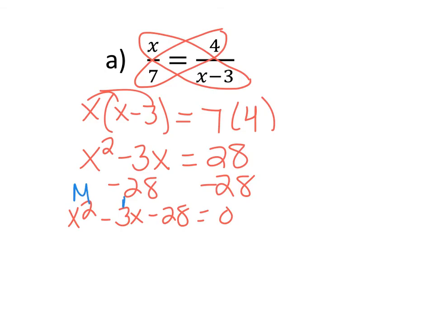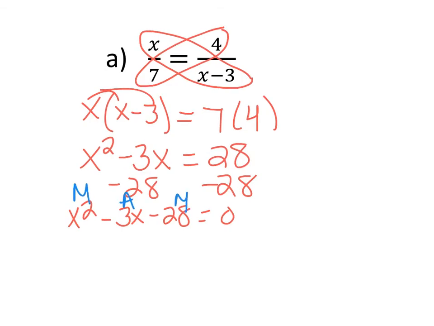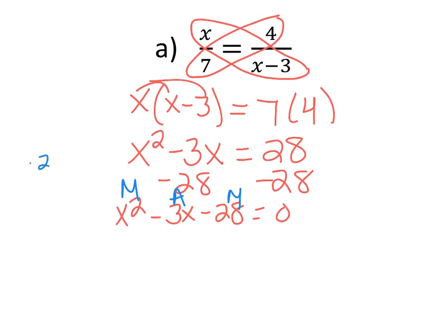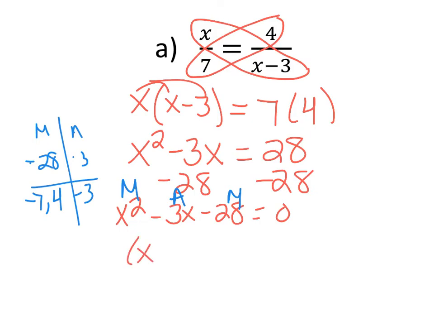It's a trinomial, there's no GCF, so I have to use MAM. M is negative 28. A is negative 3. Negative 7 and positive 4 are my two factors. So it's x minus 7 times x plus 4 equals 0.